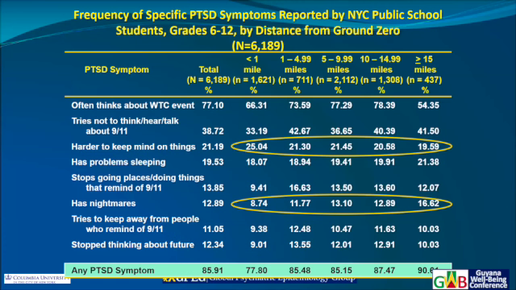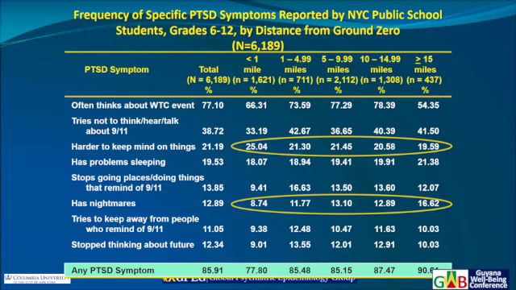But what we found when we plotted out the responses to the 8 PTSD items in the questionnaire was that things like harder to keep mind on things did show this pattern: the further you got away, the lower the response rate was. But things like having a nightmare actually went up.